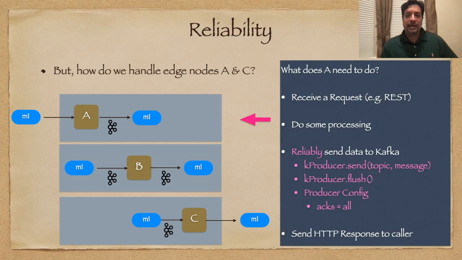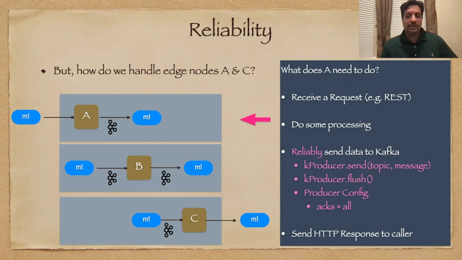How do we make A reliable? Well, A will receive a request via its REST endpoint. It will do some processing on it. It will reliably send that data to Kafka, and then it will send an HTTP response back to its caller. Now, to reliably send data to Kafka, it will need to call kproducer.send with 2 arguments, a topic and a message.